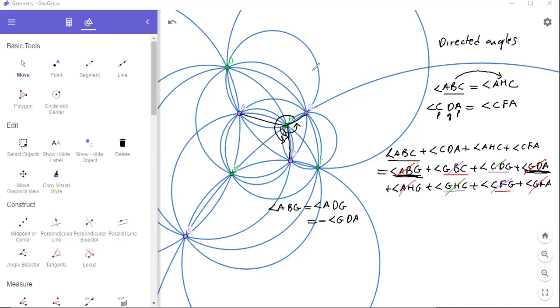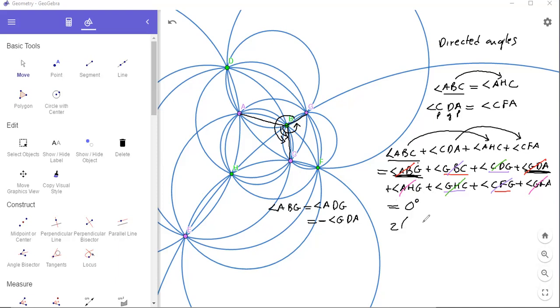So this is one of the nice properties of taking directed angles. So this is the same as 0 degrees. What this means is that this all sums to either 0 or multiples of 180. On the other hand, if you look at ABC, it's the same as this, and this is the same as this.